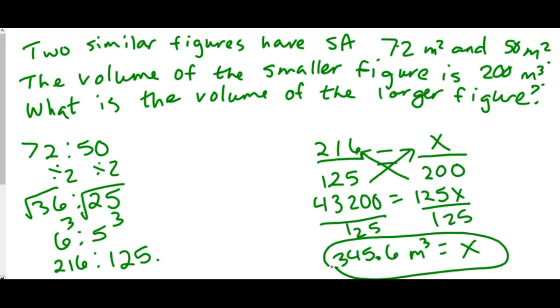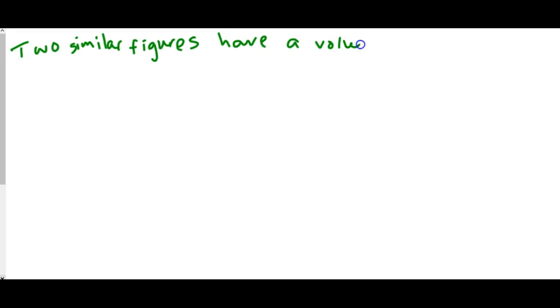You can do this and set up a proportion if they give you volume first and you want to find surface area. Let's say we have two similar figures, and they have volumes 125 centimeters cubed and 343 centimeters cubed.